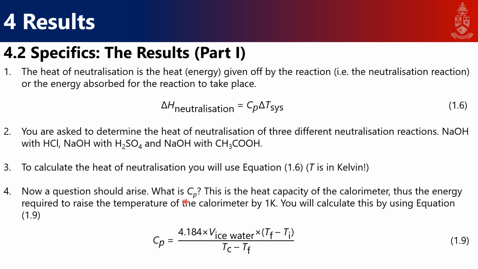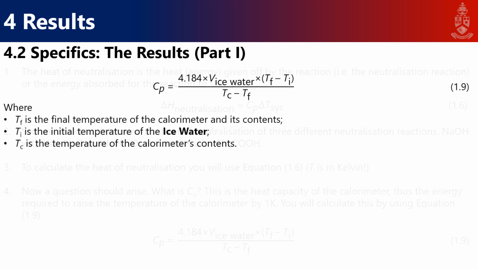Now, first we needed to calculate Cp. That was experiment 1.1, of course. That is where you use equation 1.9 in your Pratt Guide. I'll give it again: V ice water, Tf, Ti, Tc, Tf. And here you see some confusion can come in with the notation. So Tf is the final temperature.